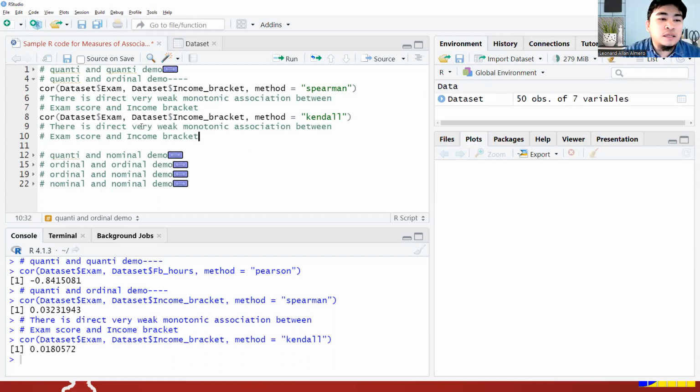So still, there is a direct, very weak monotonic association. Okay? Using Kendall's tau. So that's the measures of association when you have data in quantitative and ordinal level. Questions po? In that case, quantitative versus ordinal.